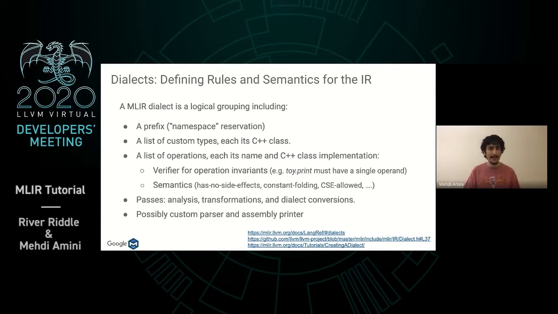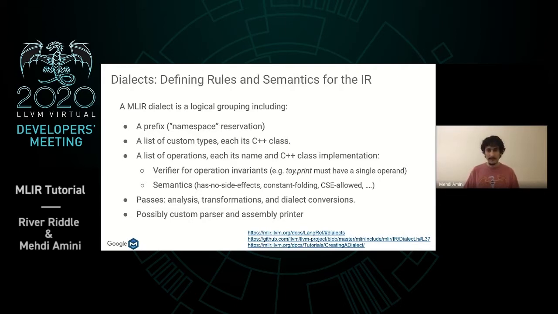Just like the LLVM verifier is ensuring that your IR is well-formed, the MLIR verifier will delegate to your dialect the verification of the ops you define. And that's how we're going to address the toy print case that we had before: by registering our dialect and registering invariants that we're going to write for the print op, MLIR will be able to detect when the IR is invalid.